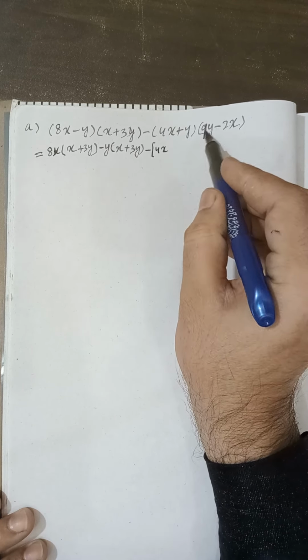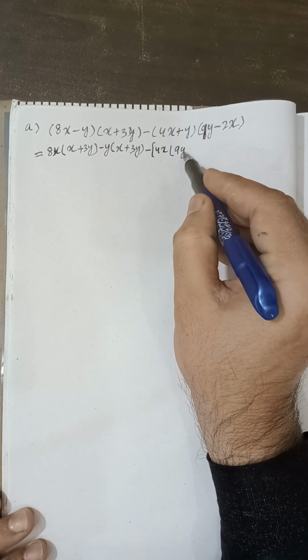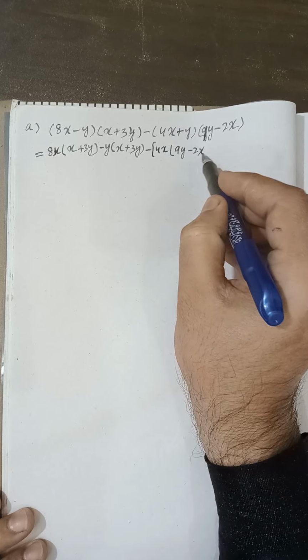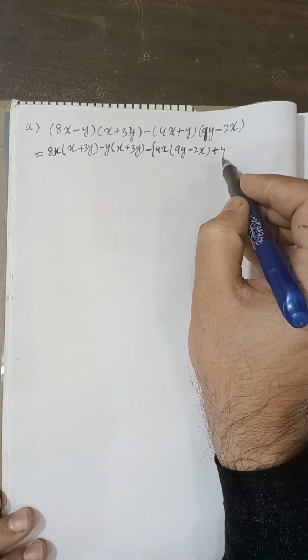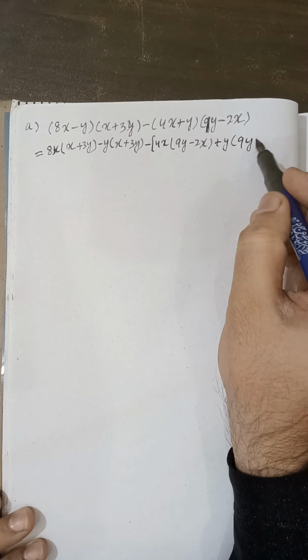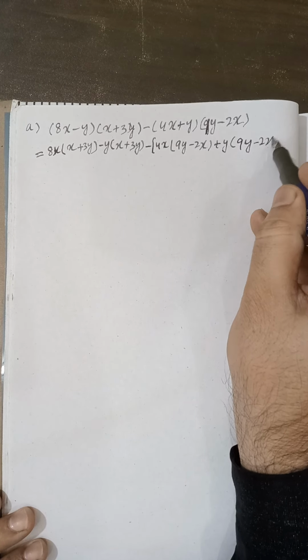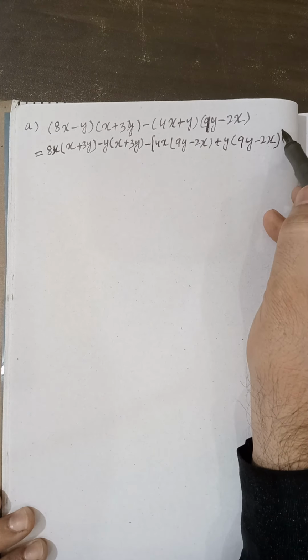This 4x and this whole term inside the bracket, that is 9y minus 2x. Similarly, this plus y here, and again the same term is in the bracket. Now close the square bracket.